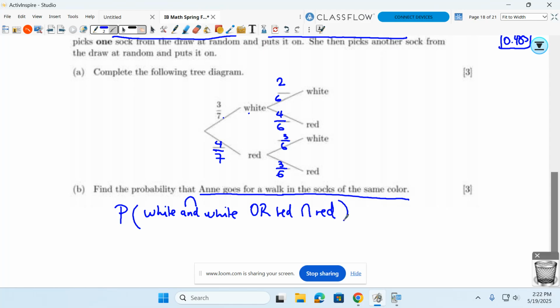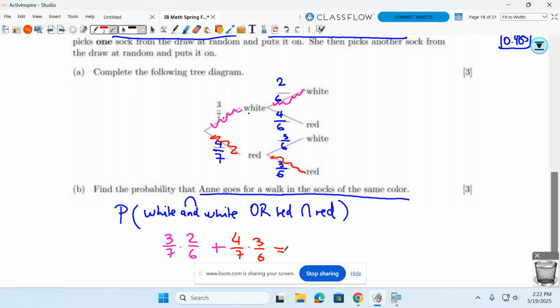White and white is 3/7 times 2/6, or plus red and red, which is 4/7 times 3/6.